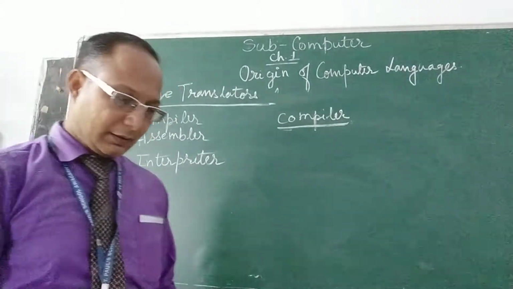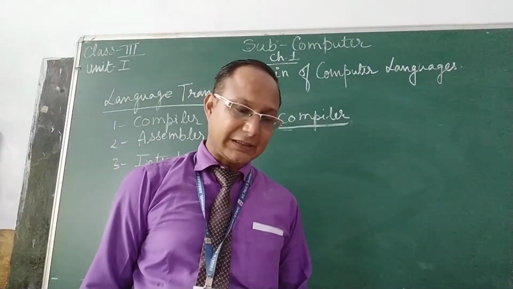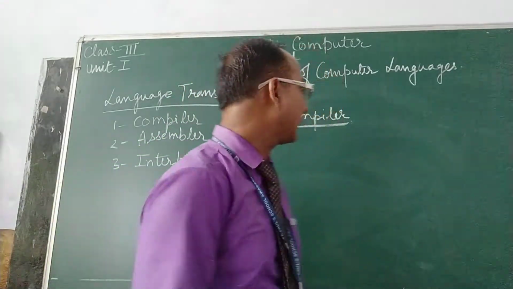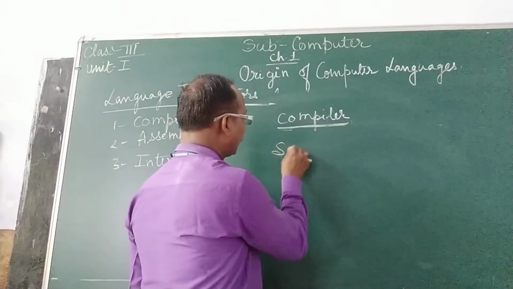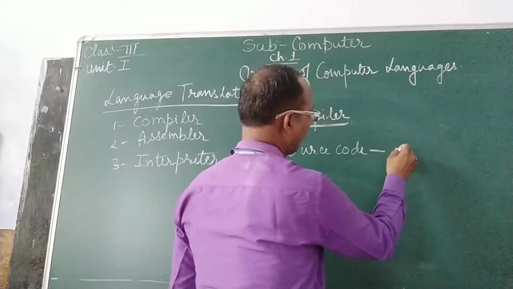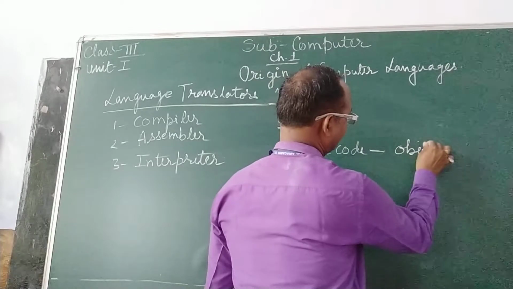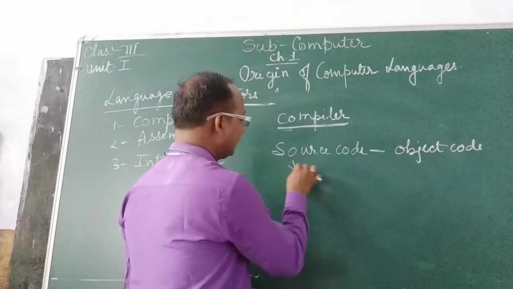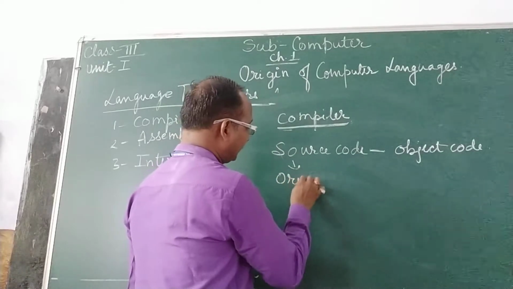Okay? A compiler program changes the entire source code program into object code. A compiler program changes the source code into object code. Source code means the original written program.